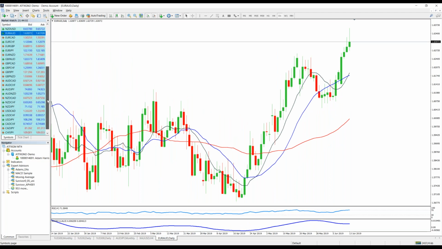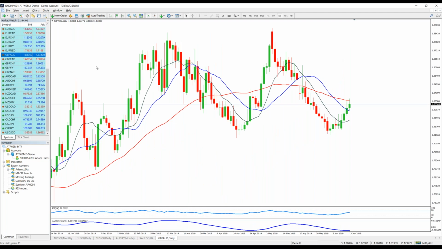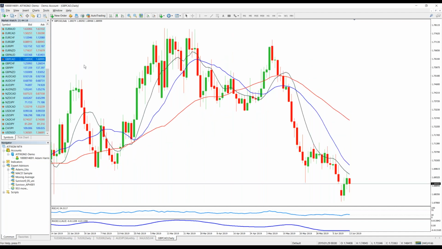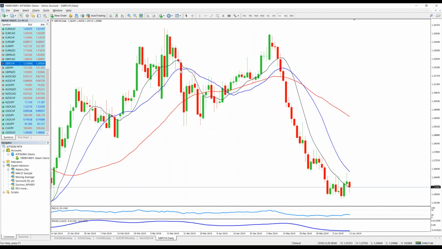Then I'm going to have a look at the GBP pairs. Although this might sound like a tedious exercise, it gets relatively quick to do. I can see there's a level up here and another level down here, but overall this appears to be moving. Anything on GBP CAD? GBP CAD heading lower. Pound Swissy also heading lower. That's interesting.